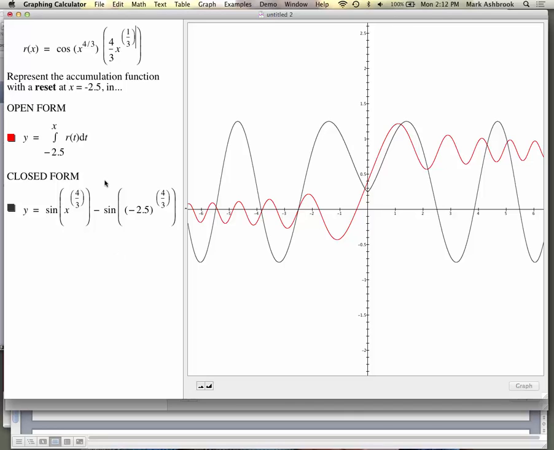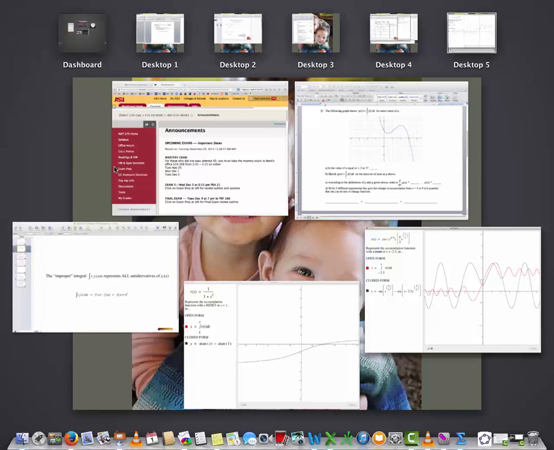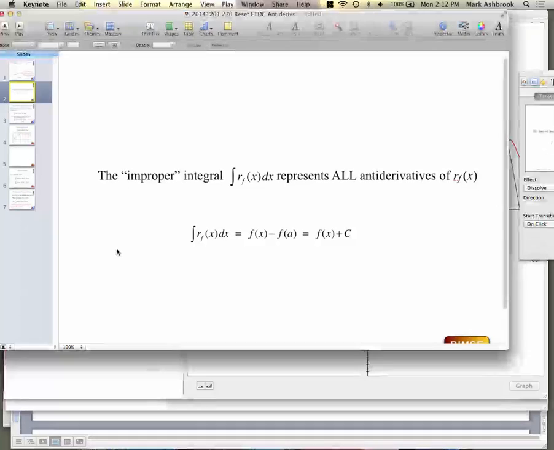But this is definitely the right open form. I don't see anything wrong with the closed form. Let's move onward.